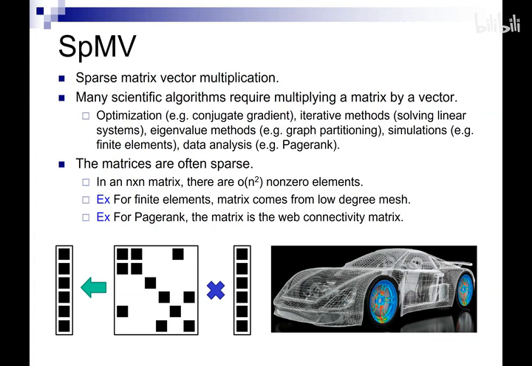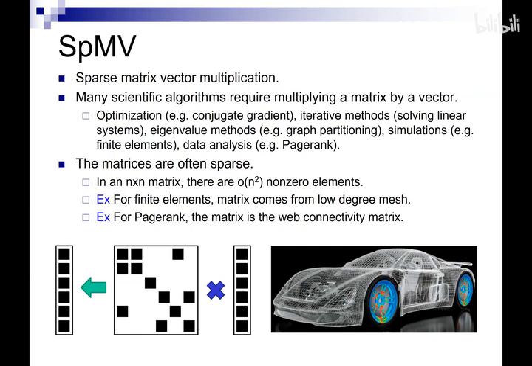Then we make an m by m matrix, and that matrix again represents the connectivity on the internet. If there's a hyperlink from web page I to web page J, then we put a non-zero value in row I, column J of this matrix.